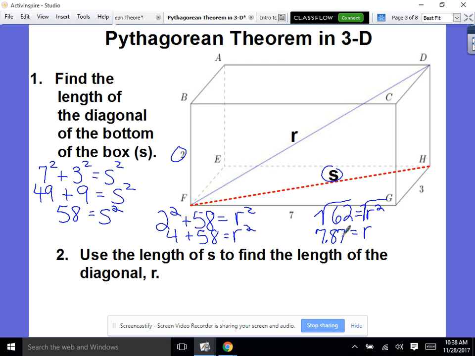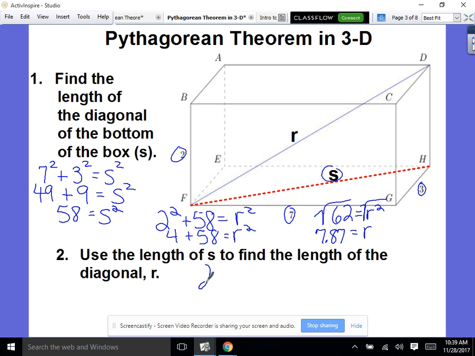So now we're going to try a different way of finding this. Let's try taking all of our dimensions and see if it will give us the same measurement, 7.87. So we have 2, we have 3, and we have 7.